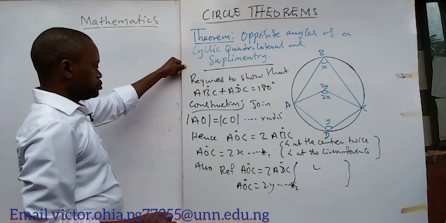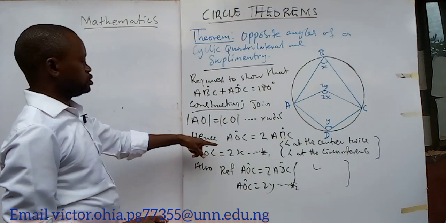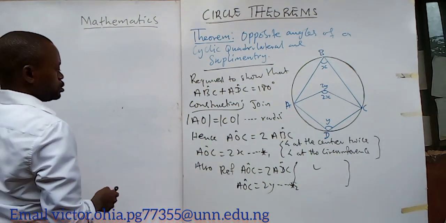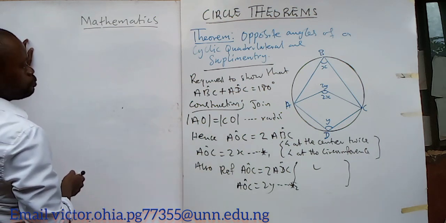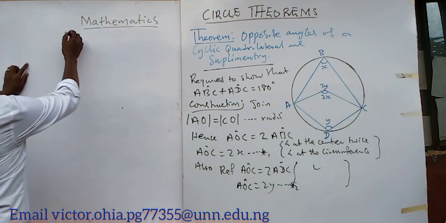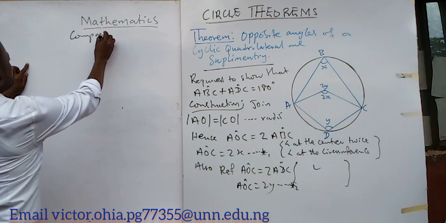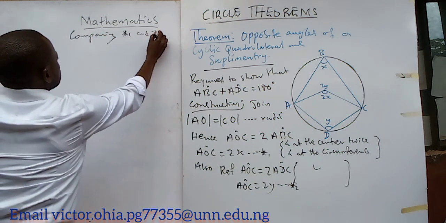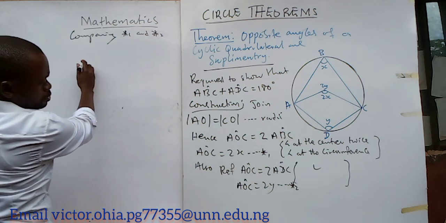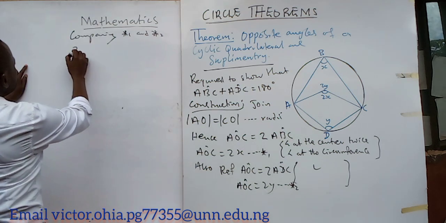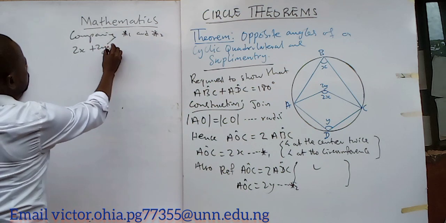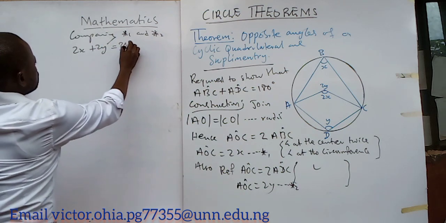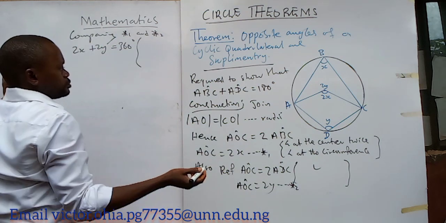Now if you compare star 1 and star 2, you realize that 2x plus 2y is equal to 360 degrees. Why?